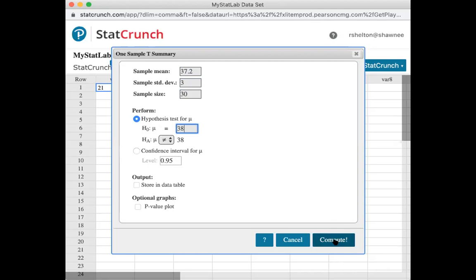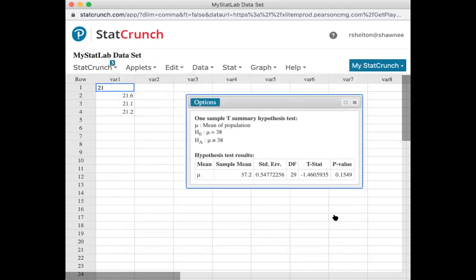That's all we need. So we say compute. So here's our new T-stat and our new p-value, okay? Our test statistic T equals minus 1.4606, and our p-value is 0.1549, okay?